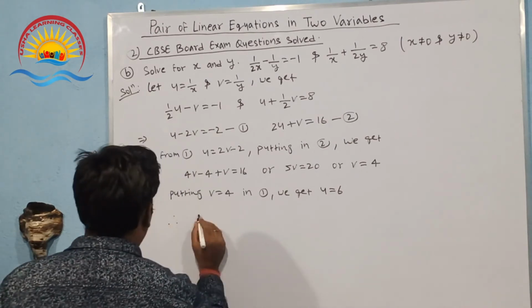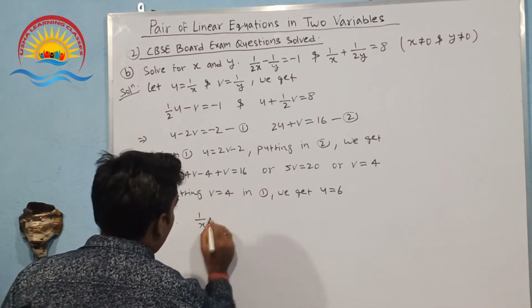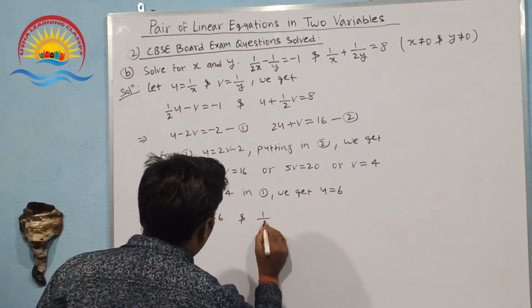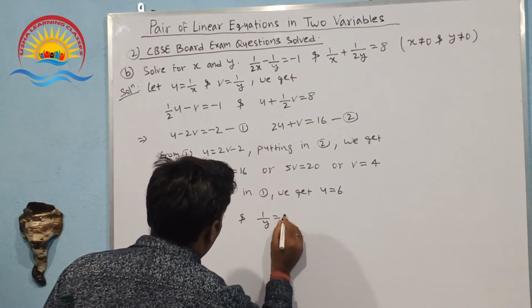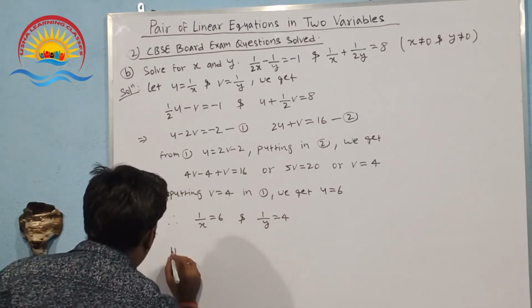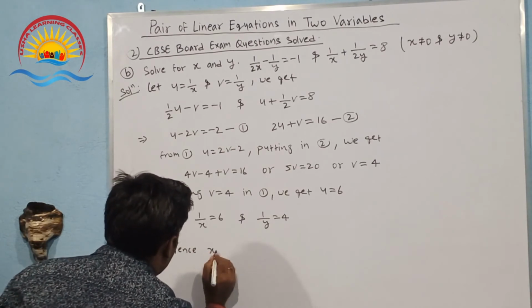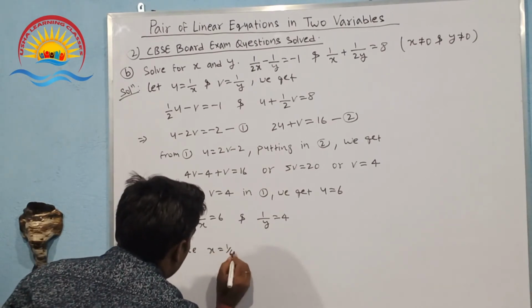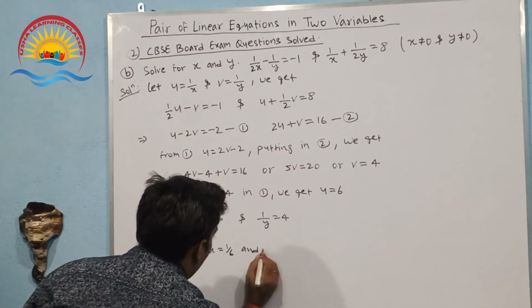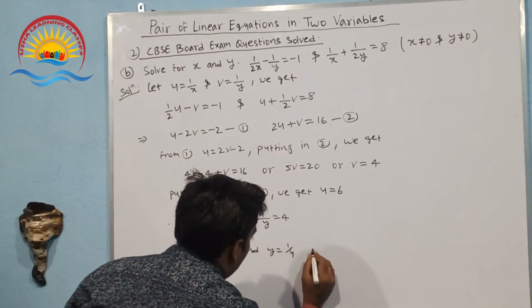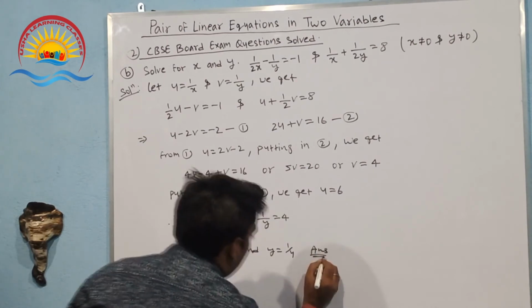Therefore 1 by x equal to 6 and 1 by y equal to 4. Hence x equal to 1 by 6 and y equal to 1 by 4. This is our required answer.